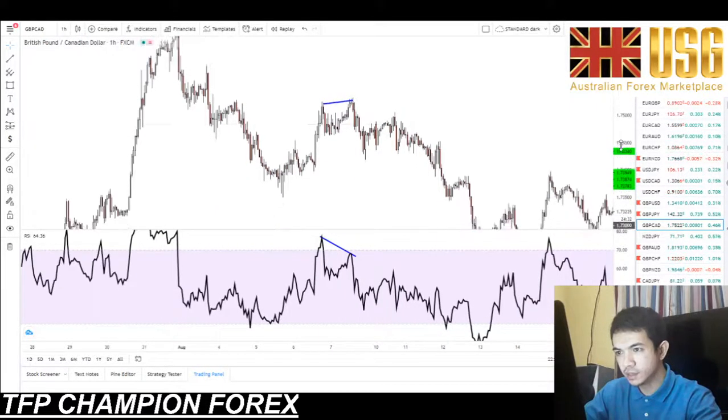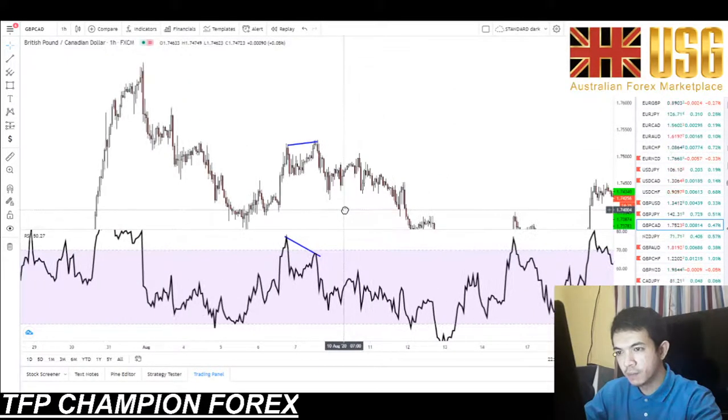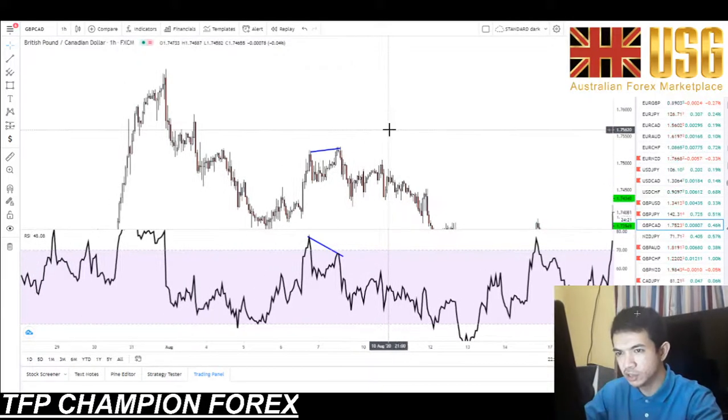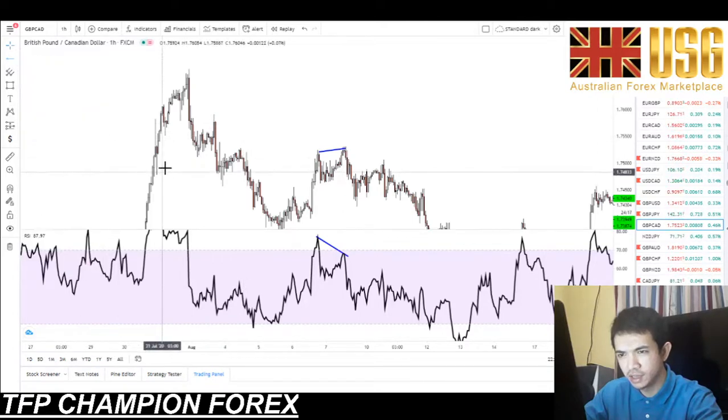See this formation, higher high and then higher low. But one thing, just to make sure that you're not trading blindly, always check the key level structure. So we can see here that there is a key level structure.